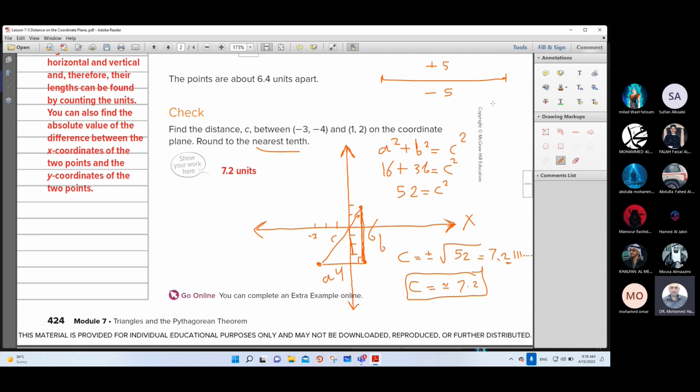No. We say the height of this building is 6 meters, on the positive side. So always for distance we use the positive value, not the negative value. Okay, Sultan?